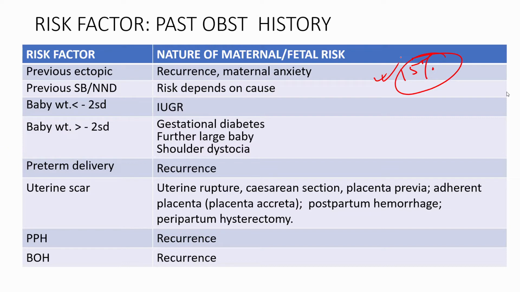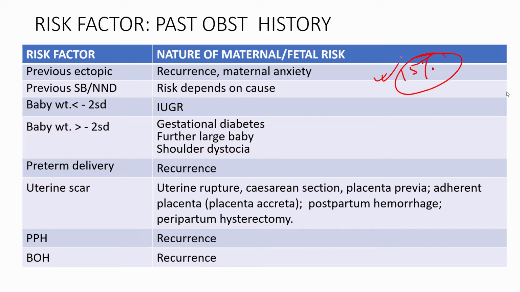If it's in the lower third, there is a tendency of IUGR. If it's in the upper part of the normal range, or more than 2 standard deviation, then there is a tendency of gestational diabetes, shoulder dystocia, and a large baby.